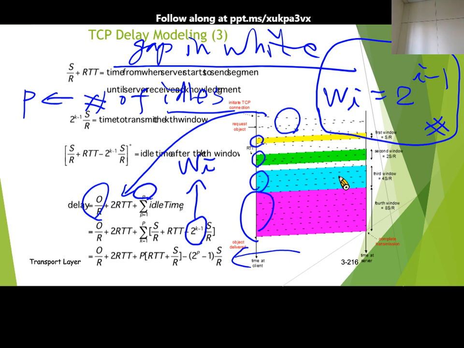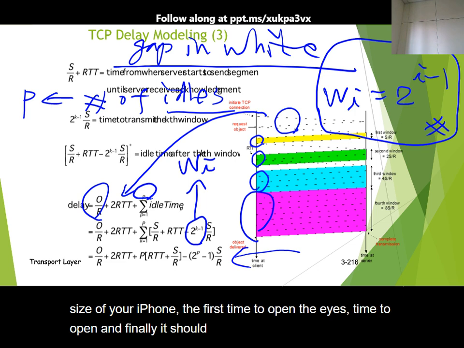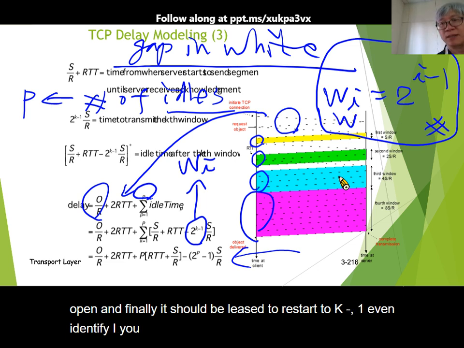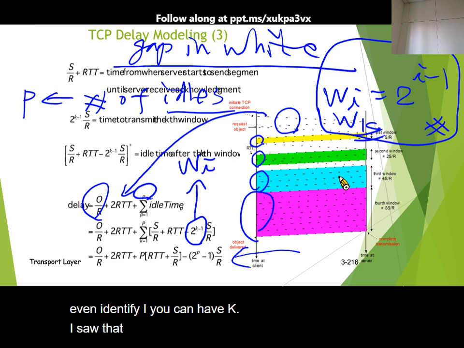All right, so I then have 1 minute to check. Window size W_I for the first time to open, the I-th time to open. And finally, it should be these: 2 raised to the power K minus 1. Even I then have I, you can have K. And so that we can have the delay, follow these.